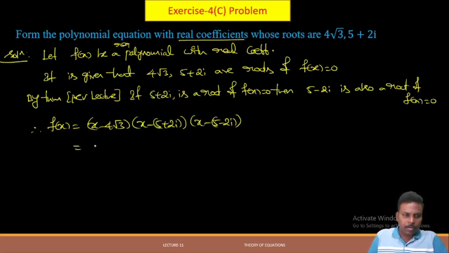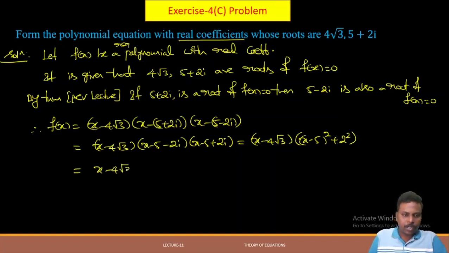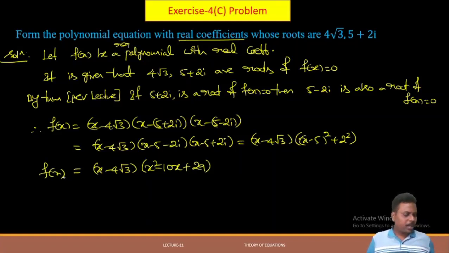So that is equal to x minus 4 root 3 into x minus 5 minus 2i into x minus 5 plus 2i, that is equal to x minus 4 root 3 into x minus 5 whole square plus 2 square. So that is equal to x minus 4 root 3 into x square minus 10x plus 29. If we expand it, we will get the answer.